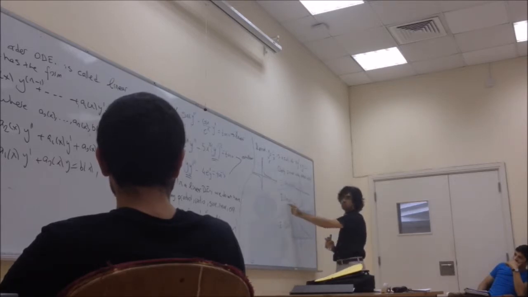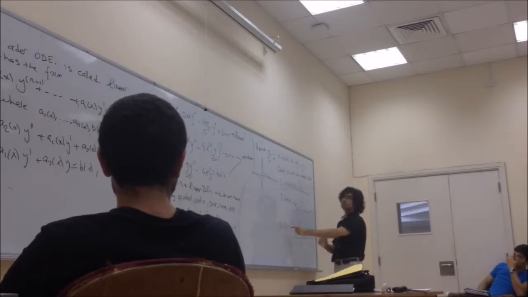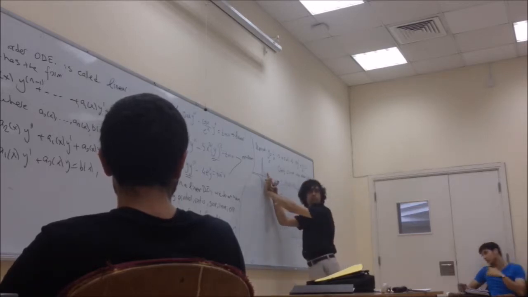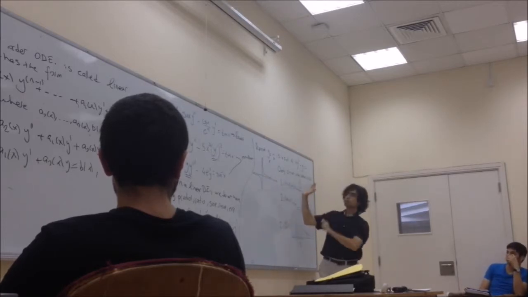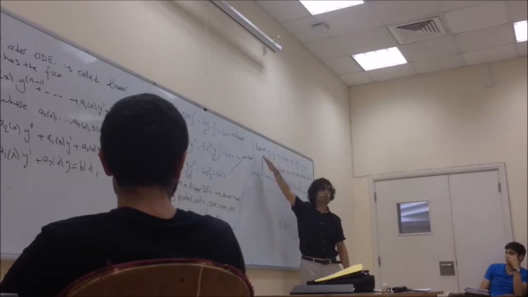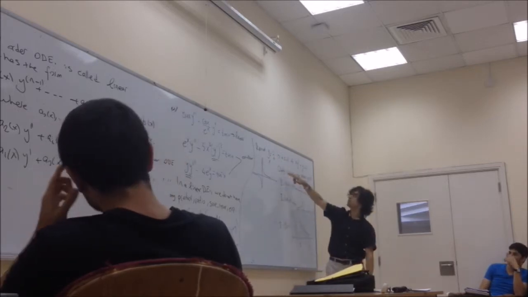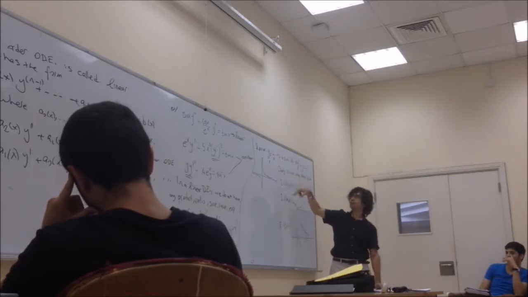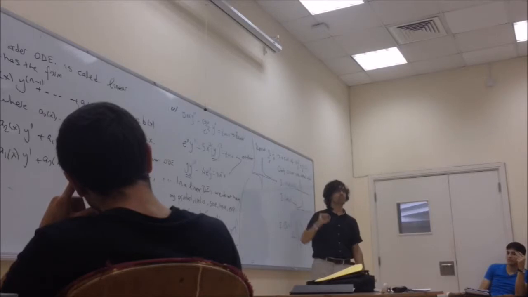If it is negative infinity to 0, only this part is the solution. If it's from, let's say, 3 to 10, only this part is the solution. So your solution is, in general, only a portion of the whole graph. Unless, of course, you could have picked I to be the whole real line, but in that case, the whole thing would be the graph.